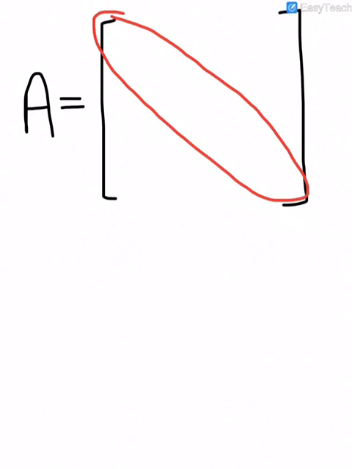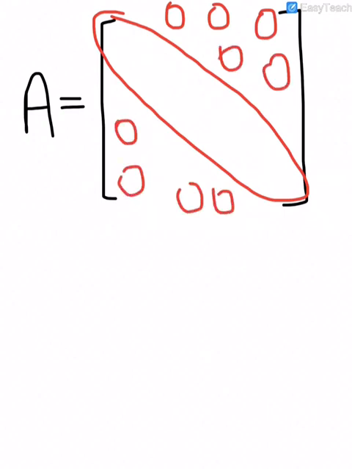This is the diagonal of the matrix. 0, 0, 0, 0 everywhere. And the elements of the diagonal are non-zero. Okay? This is a diagonal matrix.